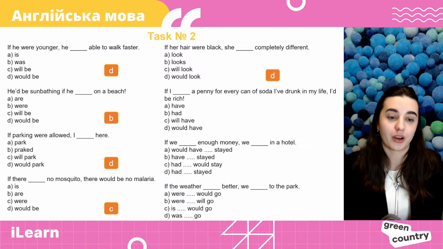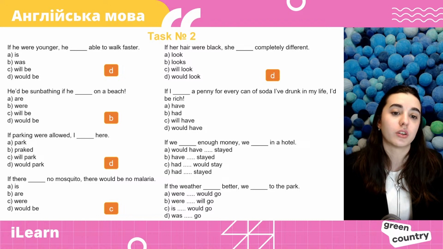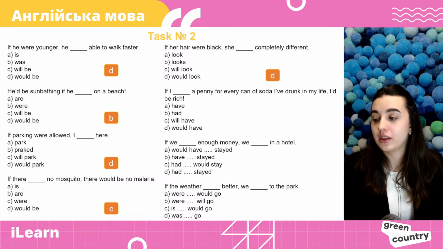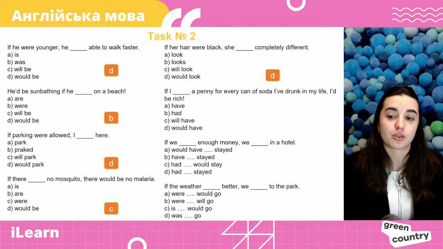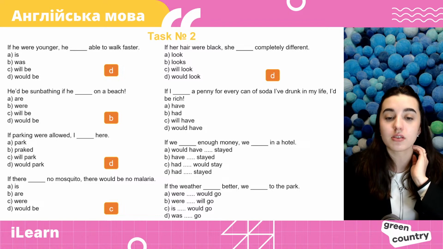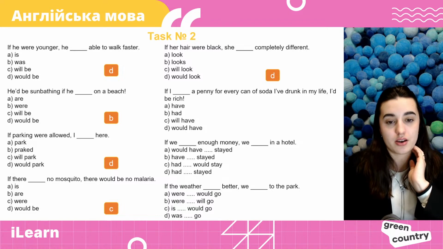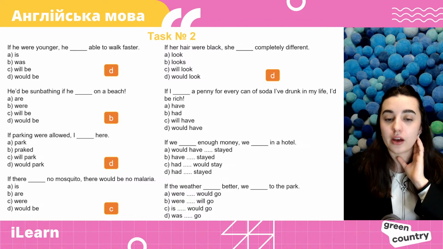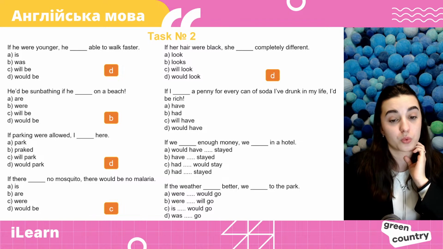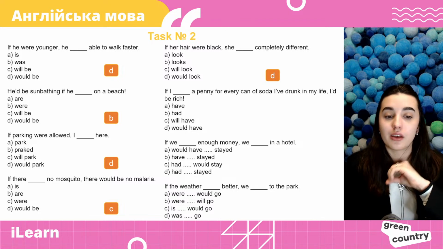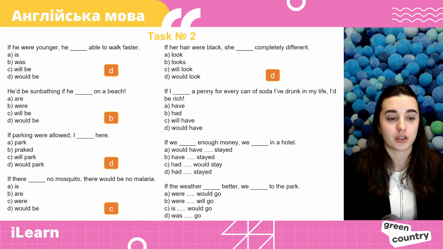Yeah, here we have D, would look. Okay, nice. Let's talk about number 6. If I have had, will have, or would have a penny for every can of soda I've drunk in my life, I'd be rich.